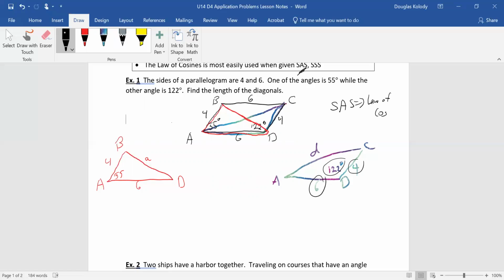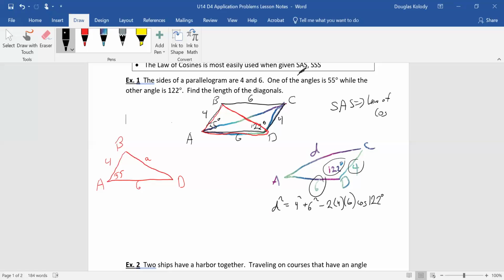All right. Since I'm on the 122 over here, I'll use the moon pen first. Let's find d squared. So d squared is going to equal the one side squared plus the other side squared minus 2 times the first side times the second side times the cosine of the given angle. Notice I didn't bring up the law of cosines formula.